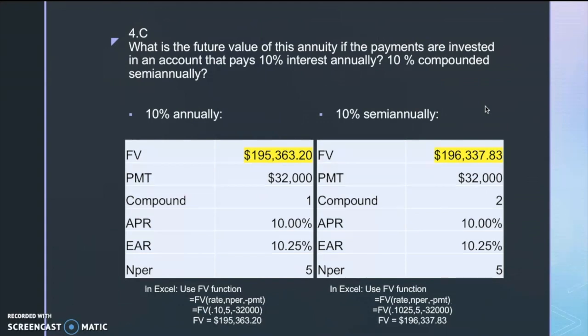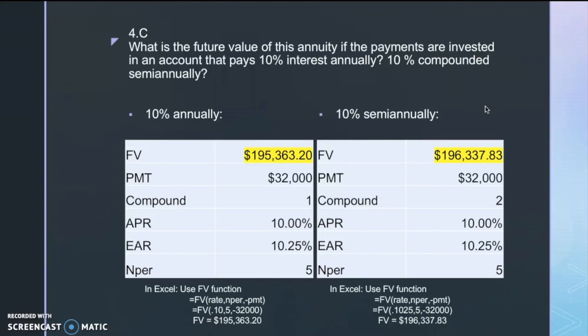For Part C, what is the future value of this annuity if the payments are invested in an account that pays 10% interest annually and 10% compounded semi-annually? So we are back to using the future value function in Excel.